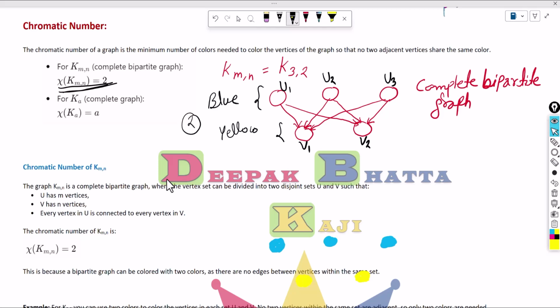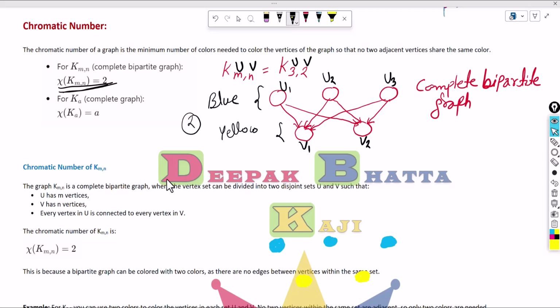So it can be divided into two disjoint sets U and V, such that U has m vertices and V has n vertices. So U has 3 vertices and V has 2 vertices. So every vertex in U is connected to every vertex in V.